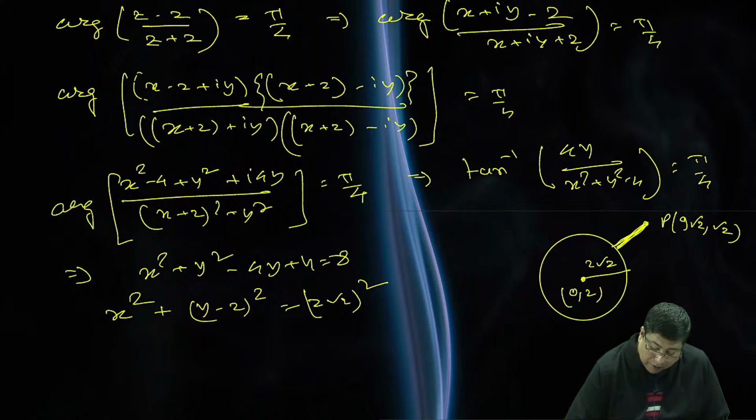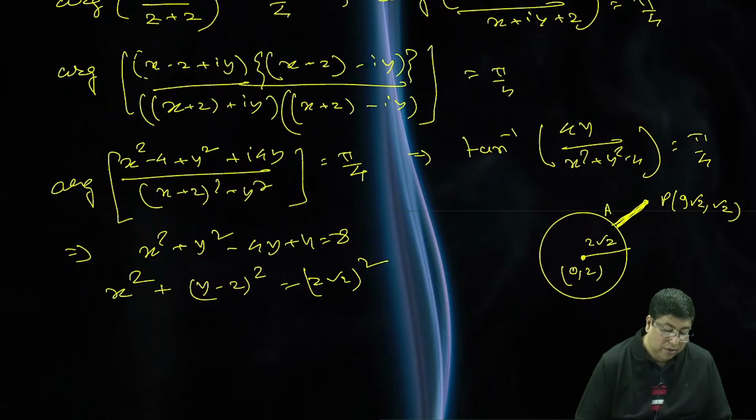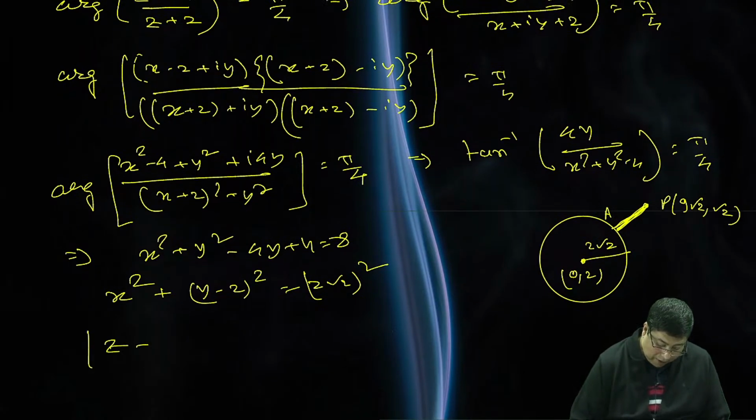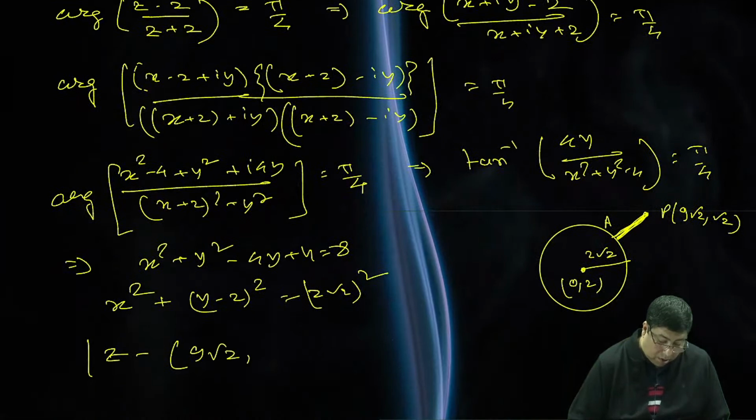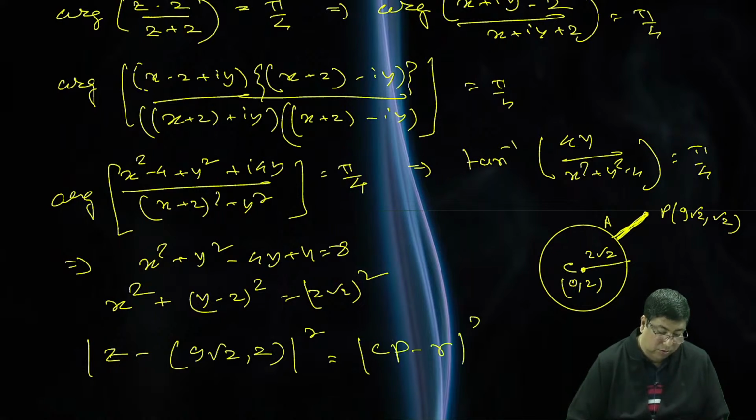Suppose this point is A. To get the minimum distance, we get mod of z minus (9 root 2, 2) whole square equal to, if C is the center of the circle, (CP minus R) whole square.